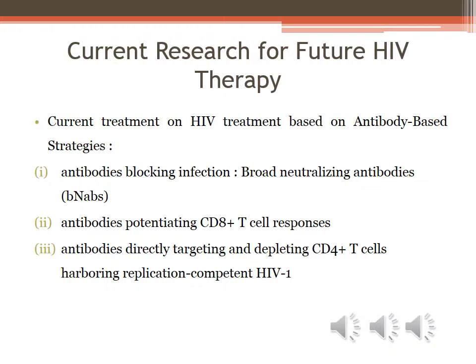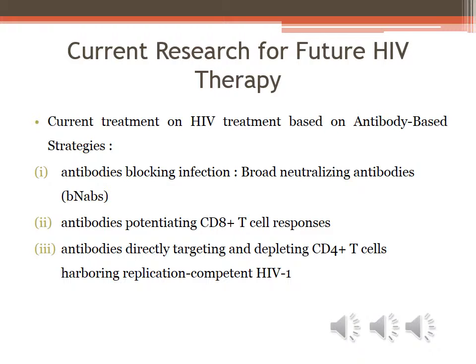However, human studies have clearly demonstrated that bNAb monotherapy is suboptimal to achieve prolonged suppression of viremia in the absence of ART, and is also associated with the rapid emergence of bNAb-resistant viruses.